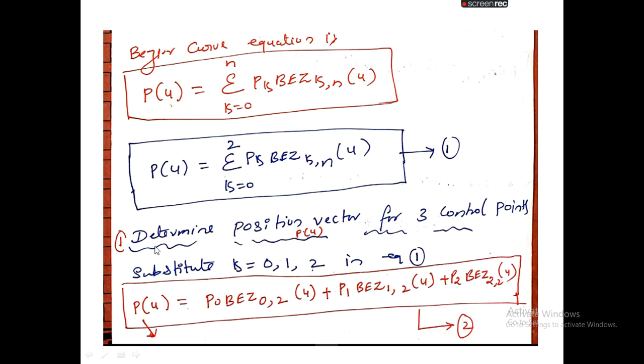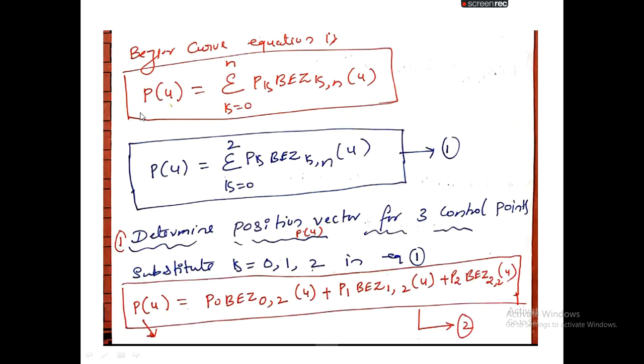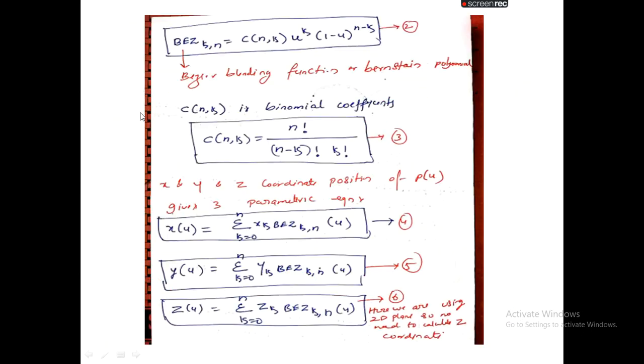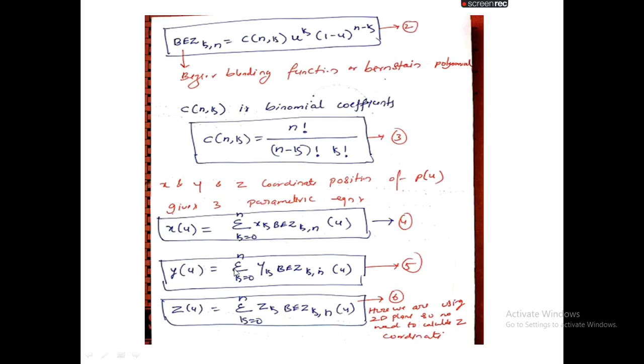So first we need to determine the position vector P of u. Then we need to represent each control point P0, P1, P2 in terms of x and y coordinates. Then we need to use these particular equations, x of u, y of u.